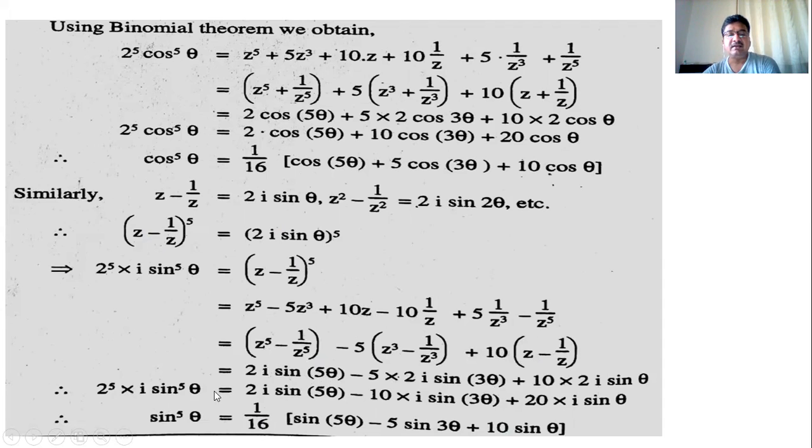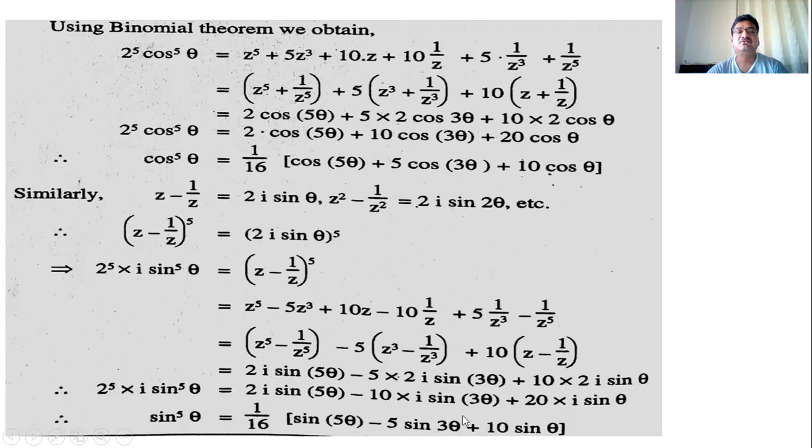Then we have 2 raised to 5 i sin raised to 5 theta equal to this. Take 2i common from the RHS and shift 32i to the RHS, so it becomes 2i divided by 32i. The i gets cancelled, and 2 by 32 is 1 by 16.